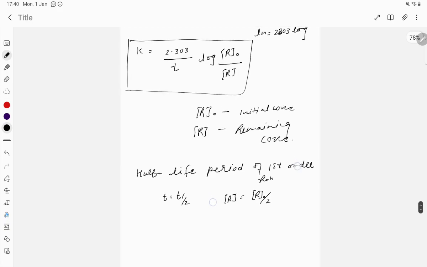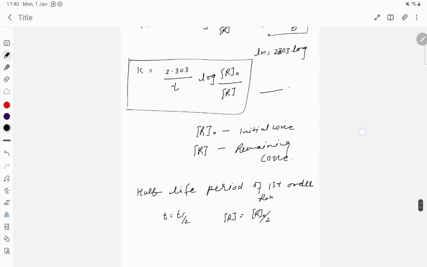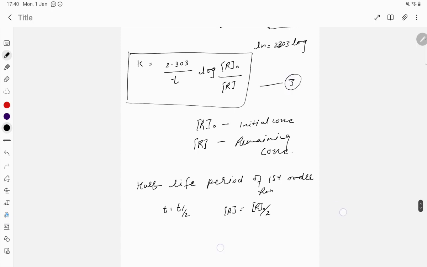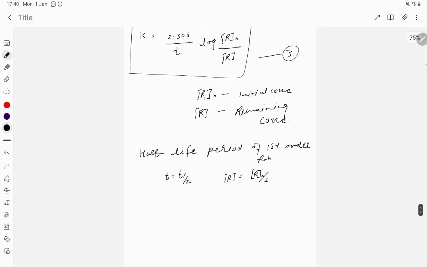Suppose this is equation number 3. From equation 3 we have to derive: k is equal to 2.303 upon t half, log R naught as it is.